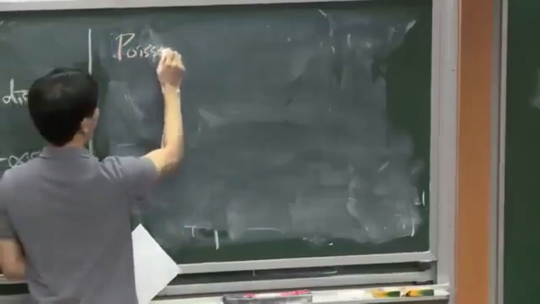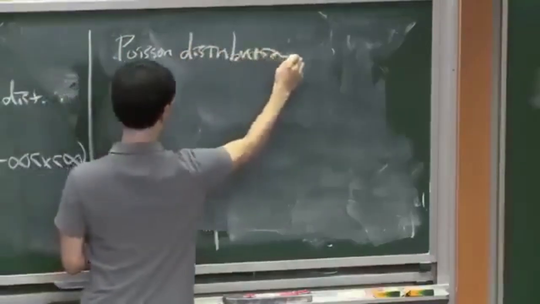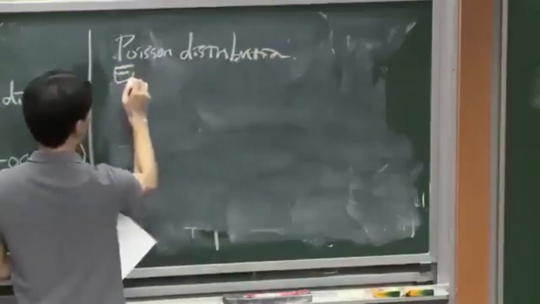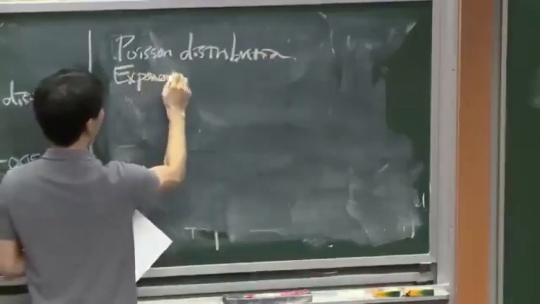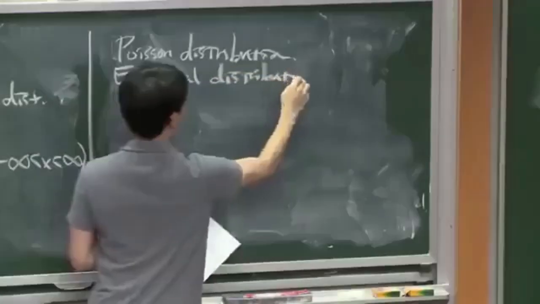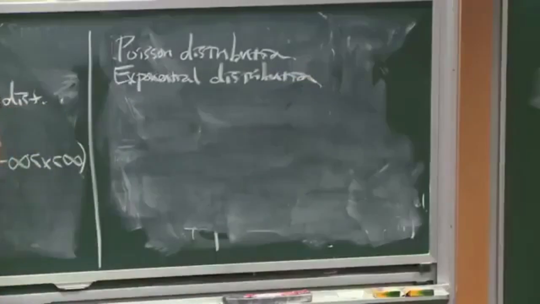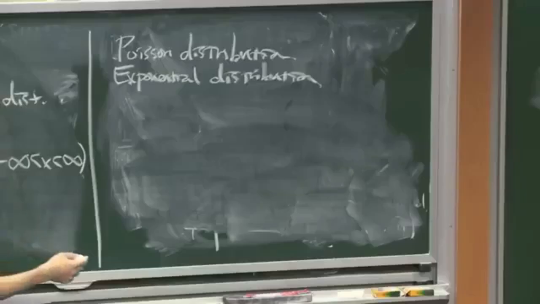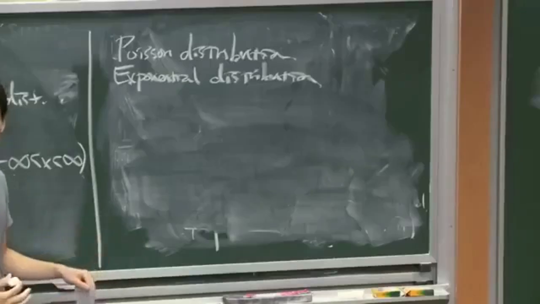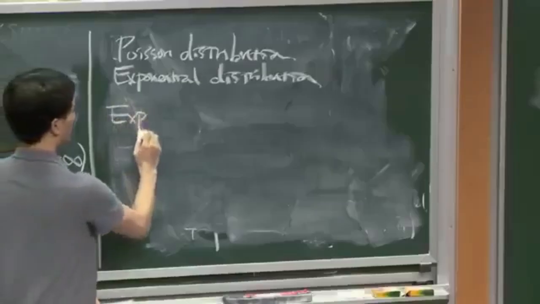For example, you have the Poisson distribution or exponential distributions. These are some other distributions that you'll see. And all of these, normal, log normal, Poisson, exponential, and a lot more, can be grouped into a family of distributions called the exponential family.